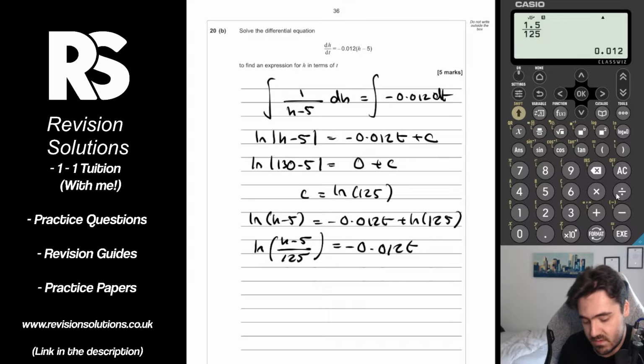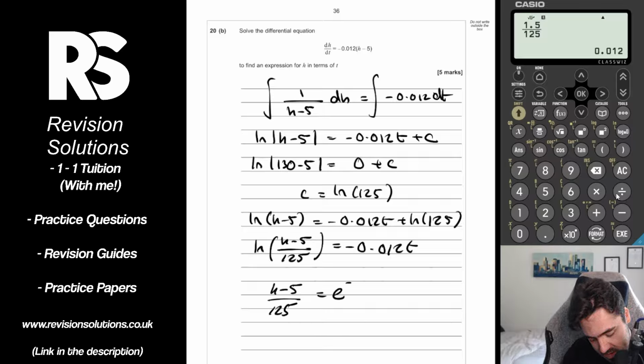Now just using the definition of a log to convert to the exponential form, we know that h minus 5 would be 125 e to the power of minus 0.012t, and then rearranging for h, we're going to have to multiply by the 125 and add the 5. So it'd be 125 e to the minus 0.012t plus 5.